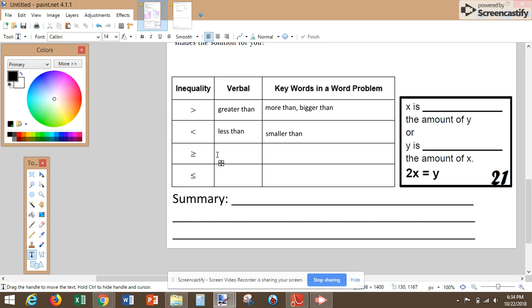On this next one, this is greater than or equal to. That means it could be greater than or it could be equal to. You're not answering that question. That's just how it's read.